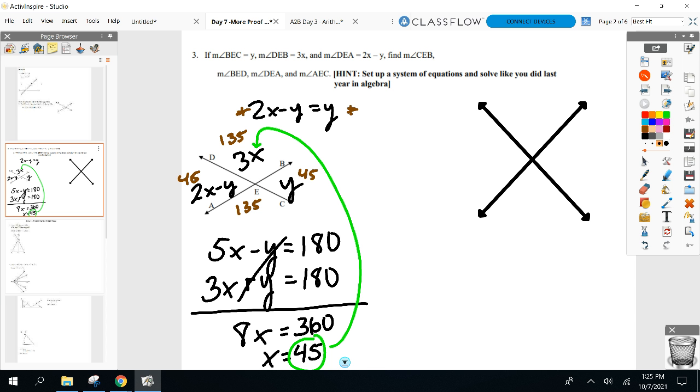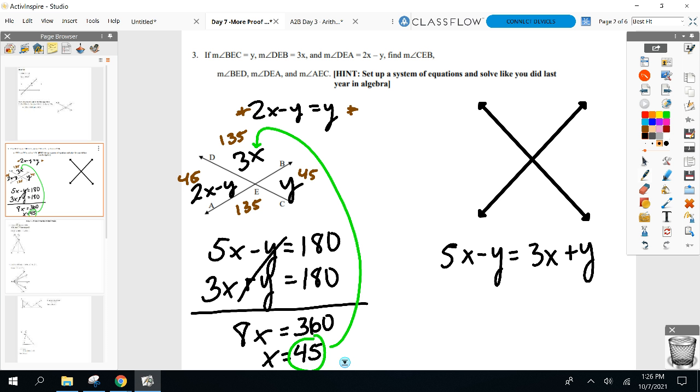Yes, Mamoon. Could you also make those two equal, because they're both equal to 180? You could. My only question would be, if I set them equal, what's your next move?